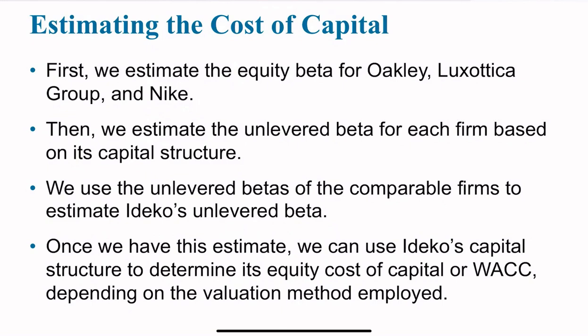And then, after getting the firm IDACO's unlevered beta, we will estimate its equity cost of capital and its WACC. And then we will be able to value those cash flows we just obtained.